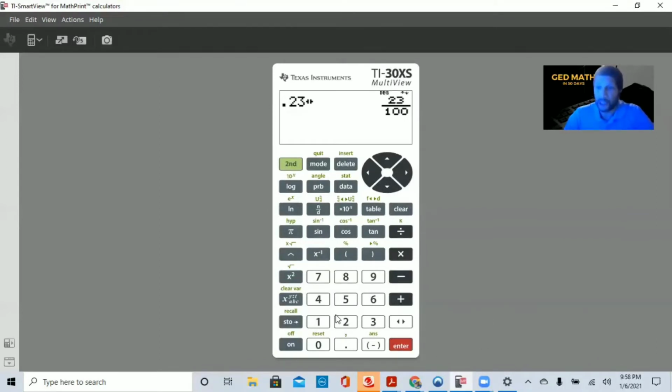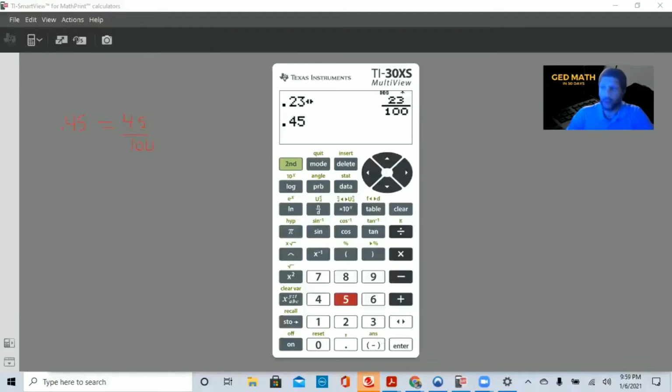It doesn't matter what the decimal is. Now I want to show you something. Here, 23 over 100, it did not reduce it. But watch this. I'm going to put 0.45 in. If we did this manually, this would be 45 over 100. So 0.45 is the same as 45 over 100.